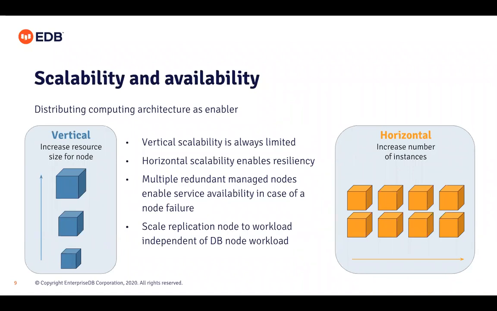It's a way to help manage your workloads to the compute nodes themselves, and then also scale out as necessary, independent of the node of the database server. So you want to be able to match those workloads as best as possible.